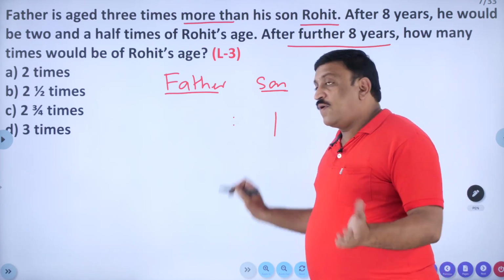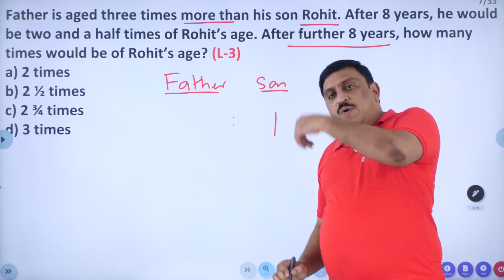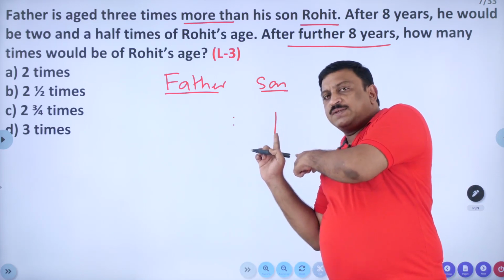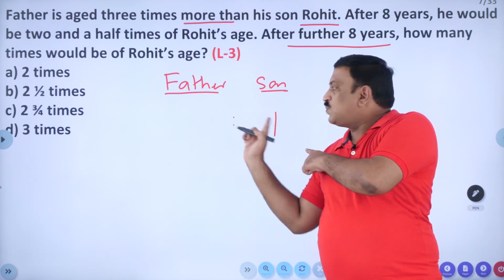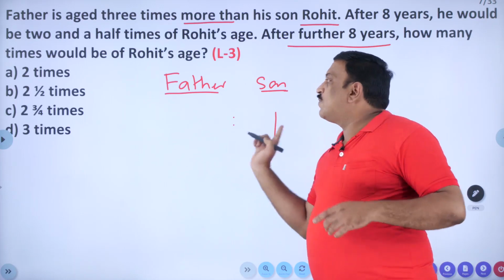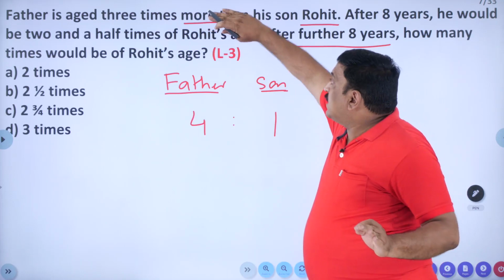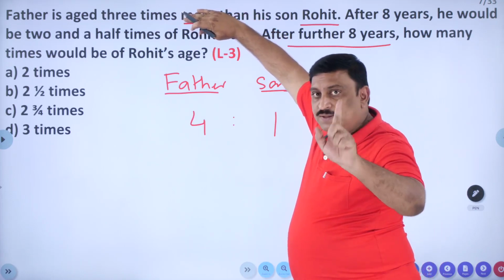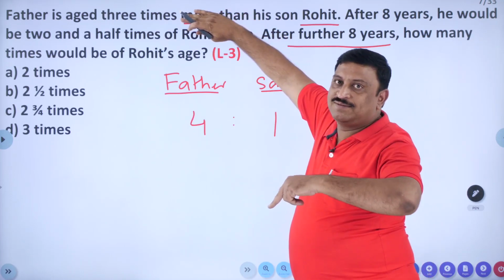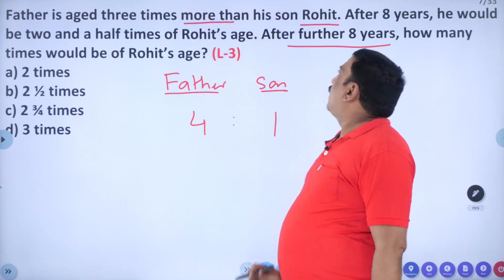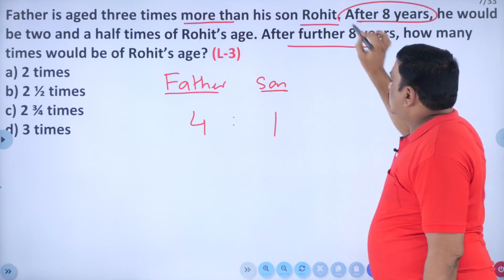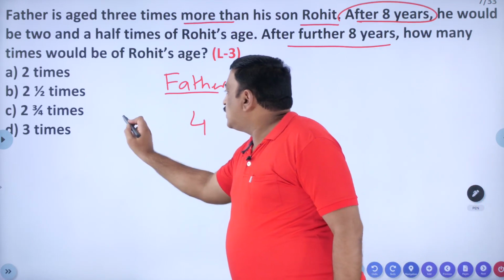So father is 3 times more. Already son is 1, he is 3 more, means 1 plus 3. That is 4. If it is said it is 3 times of his son, so definitely it is 3:1. Clear? Okay. Now, after 8 years, first of all, 4:1 is the present.